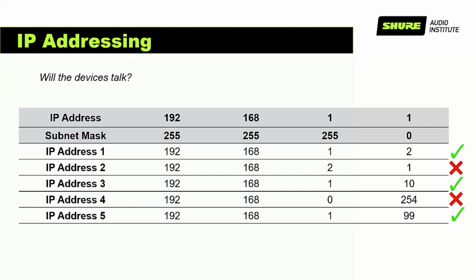Examples 2 and 4, you can see, would not be valid because although it starts with the 192.168, the .2 in the third octet is different from the original example. So as the subnet mask dictates, the third octet must be a 1 in order for it to fall within that network. Those IP addresses would not be valid and the devices would not communicate.